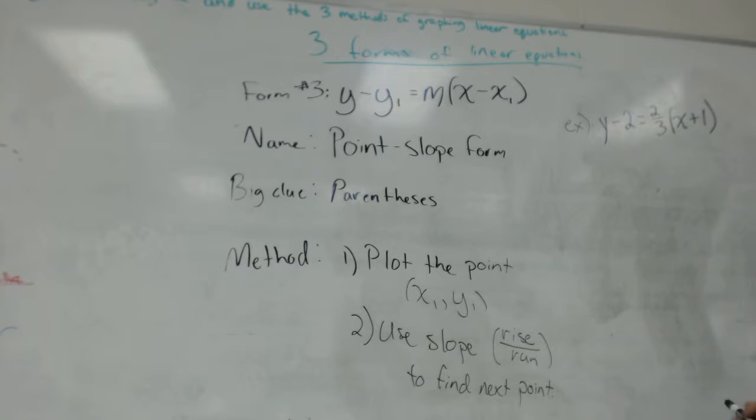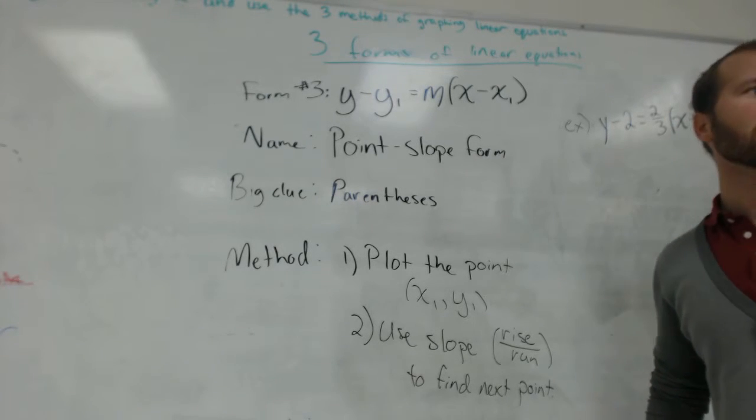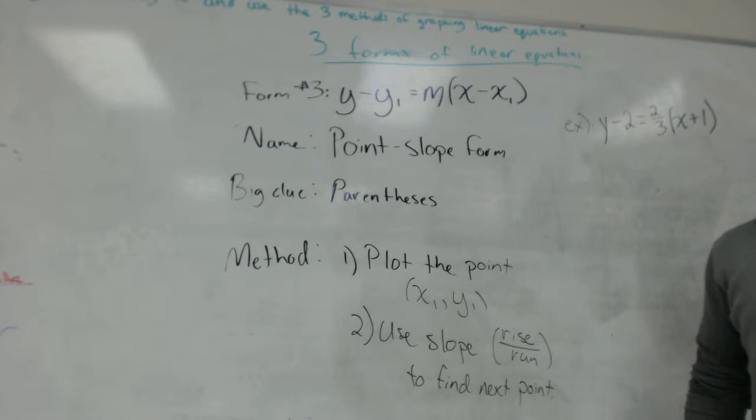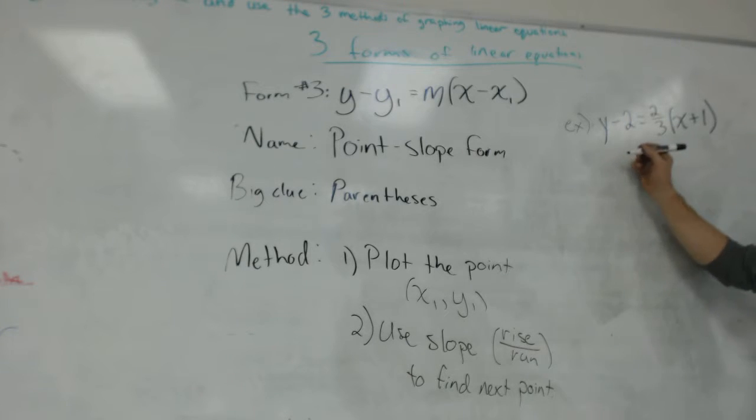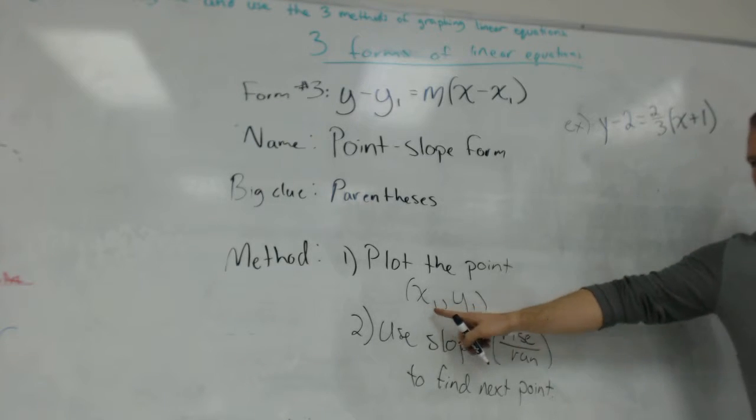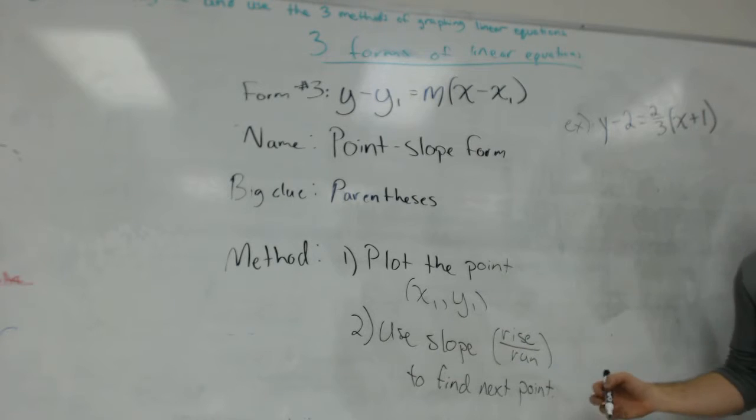All right. Look carefully at this. What is the point? I'm not asking an existential question here. A point is always going to have two values, right? It's always going to have an x and a y.